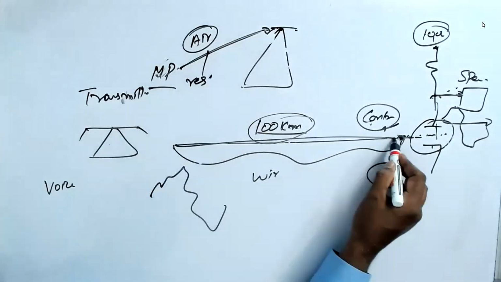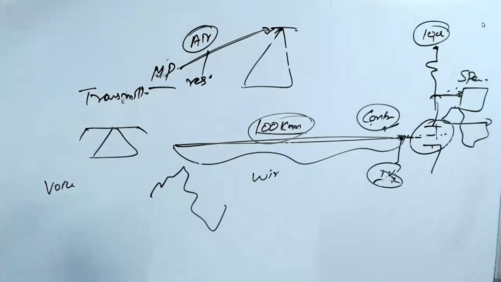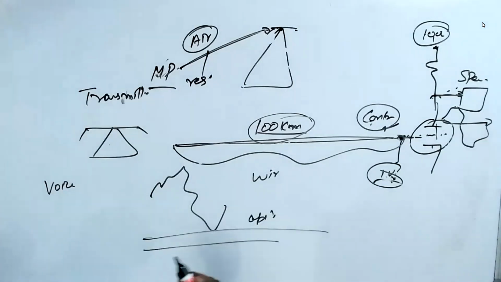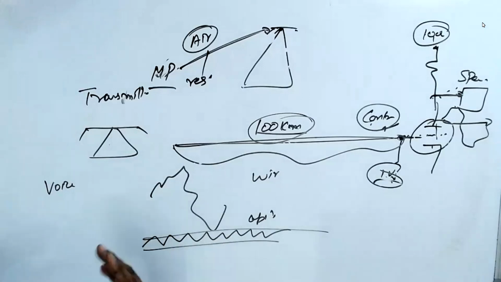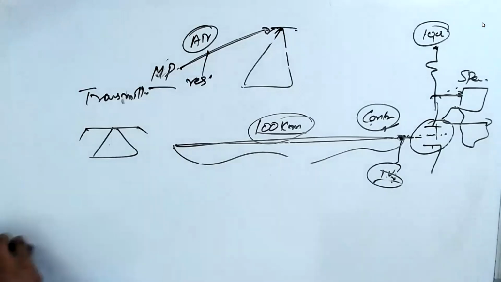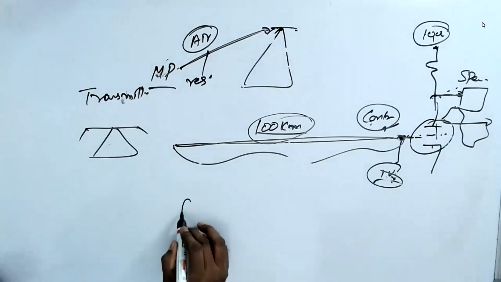Wire is a medium which gives you resistance. But the optical medium, that's what you call fiber optic, the light goes as a reflection. There the resistance is very minimal because there is nothing else. That's why all our internet now works on fiber optic.